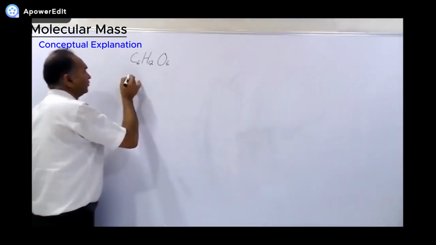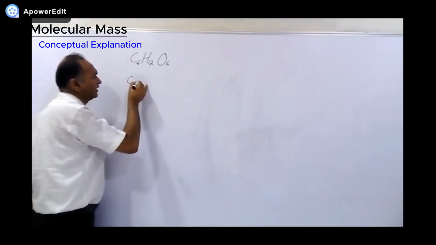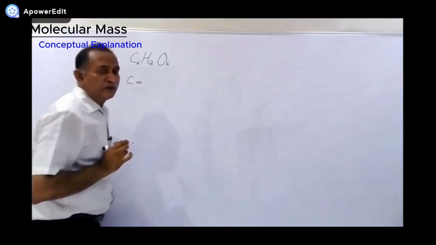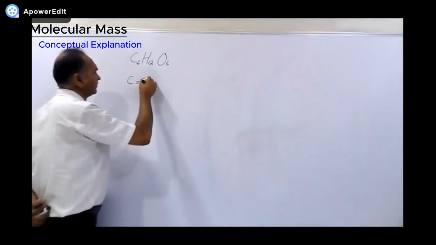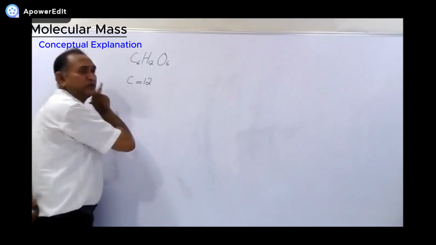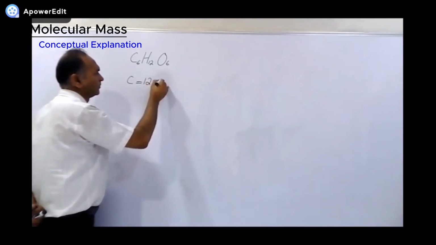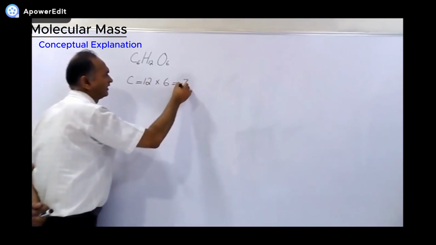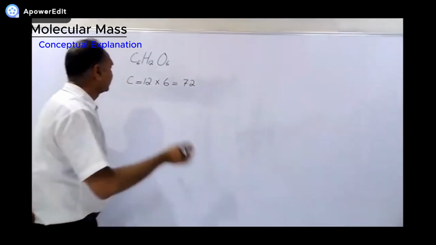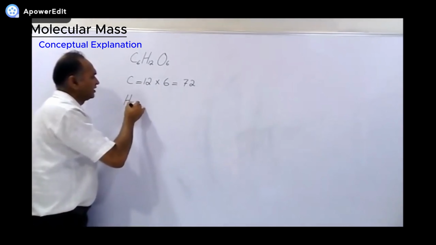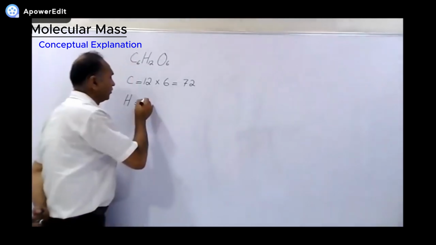Okay, so the first one is carbon. I'm using the vertical method. What is the mass of one carbon? 12. How many carbons do we have here? What is the subscript here? 6. 12 6s are 72. Next, hydrogen. What is the mass of one hydrogen? 1.